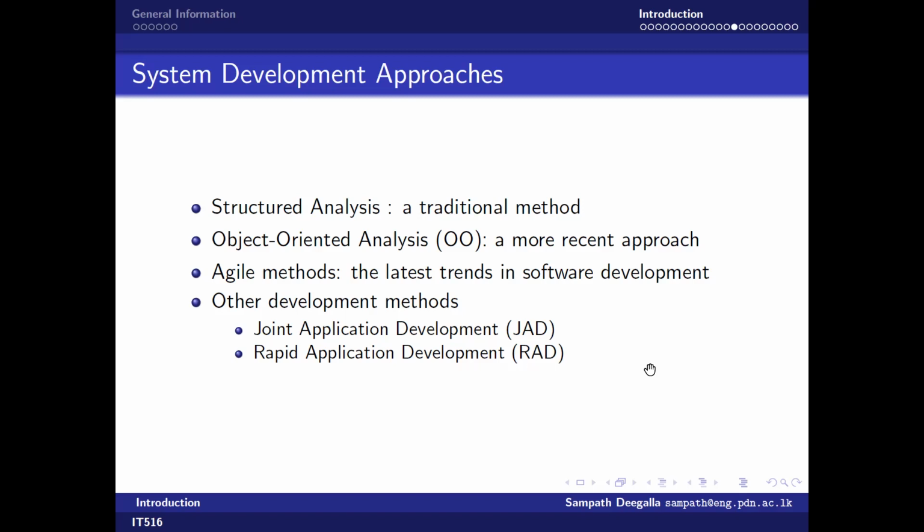You focus more on what the user requires. So basically, you come up with the set of features that the user needs, and then you prioritize some of them, and then you keep on implementing them. And there are other development techniques also available, like joint application development, rapid application development. These are different types of development models.